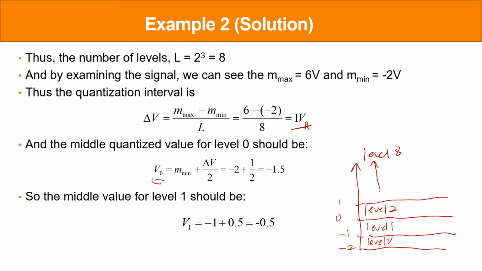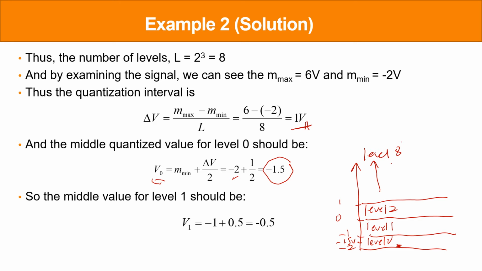So M minimum is negative 2 plus delta V of 1 volt divided by 2. Here is the quantized value, or the middle value, for this level: negative 1.5 volt. Go to the next level, level 1.